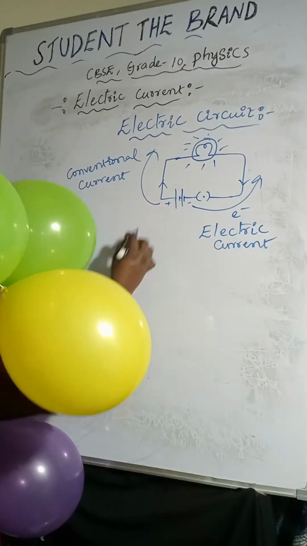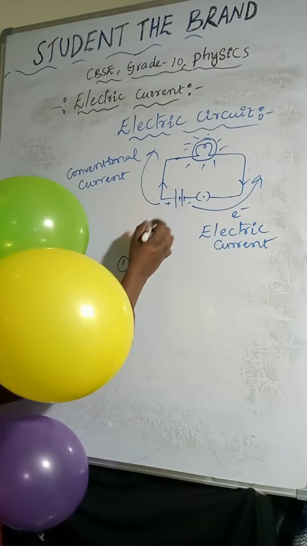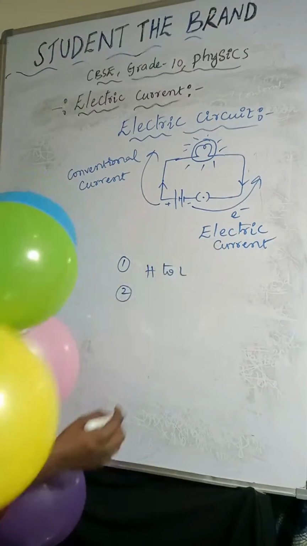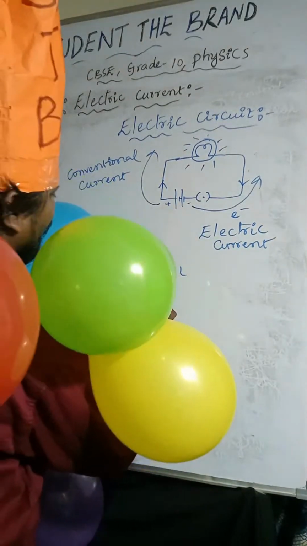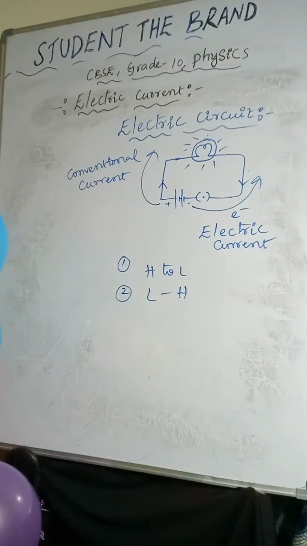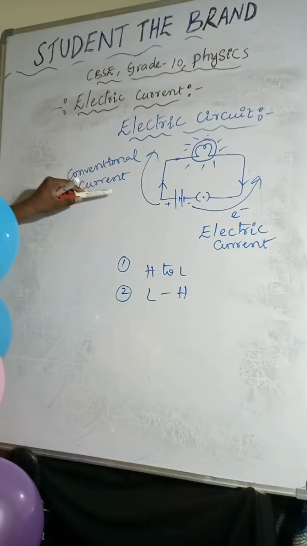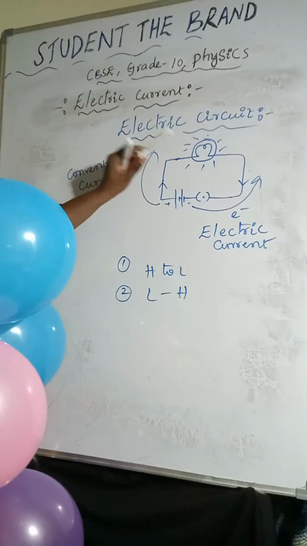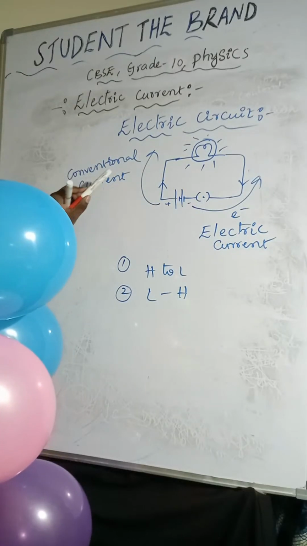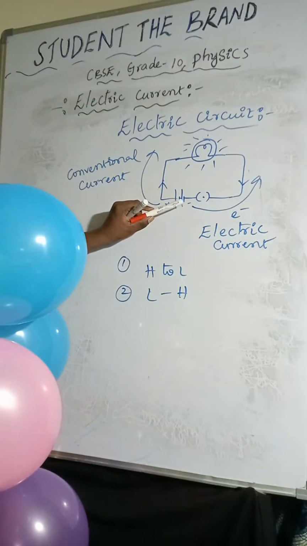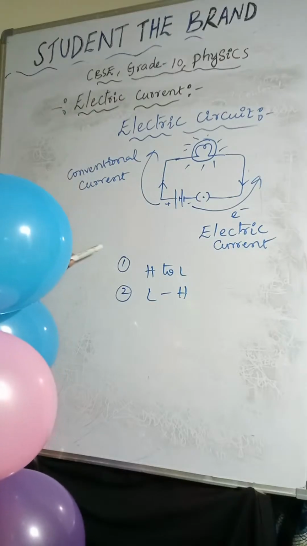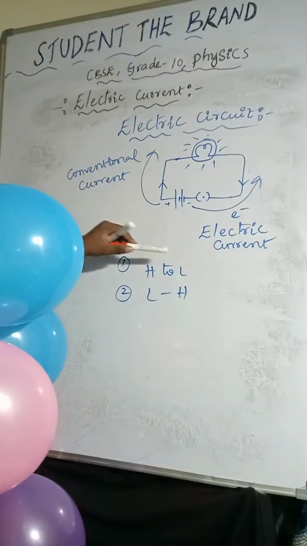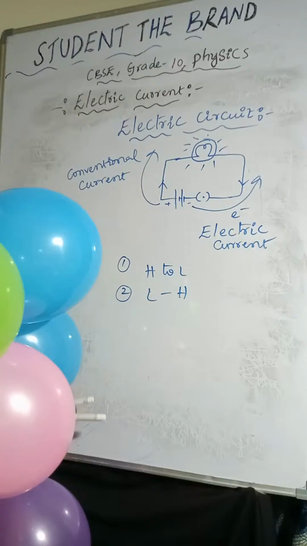Okay, so first point is conventional current. Positive charges will move from high potential to low potential, whereas electrons will move from low potential to high potential. Charges moving from positive terminal to negative terminal is called conventional current. Electric current is nothing but charges moving from negative terminal to positive terminal.